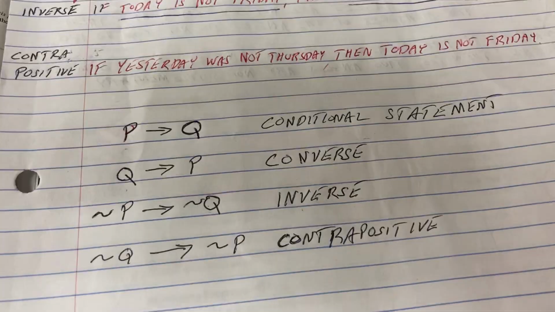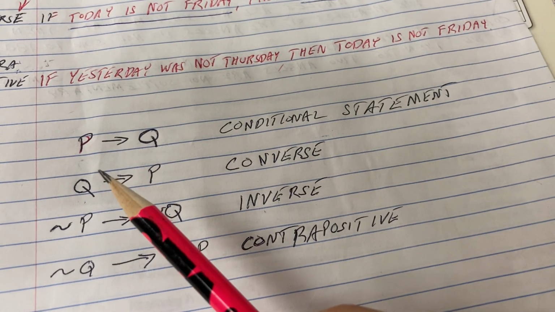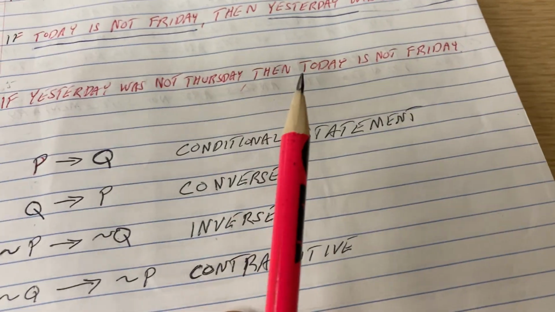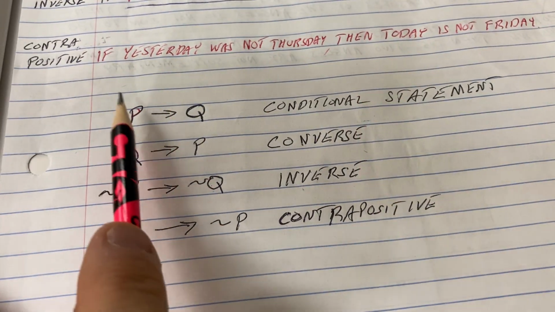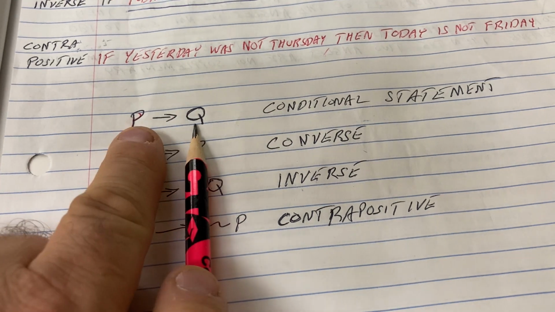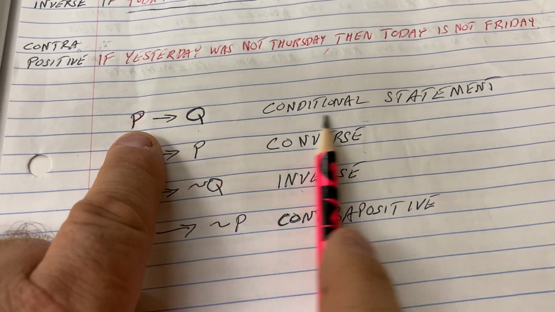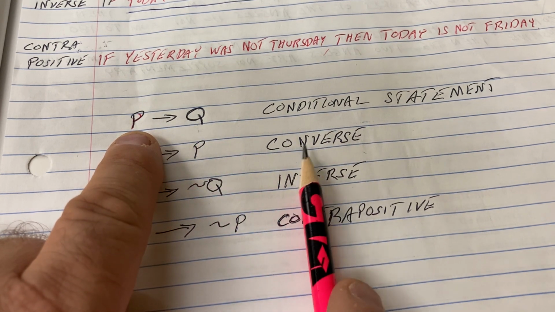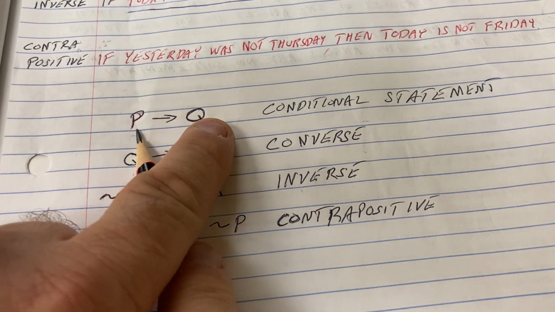So we have conditional statements. Let me move this so you can see both of these. If P then Q, this is in symbolic form, a conditional statement. To take the converse, you just switch these two, you switch the order.